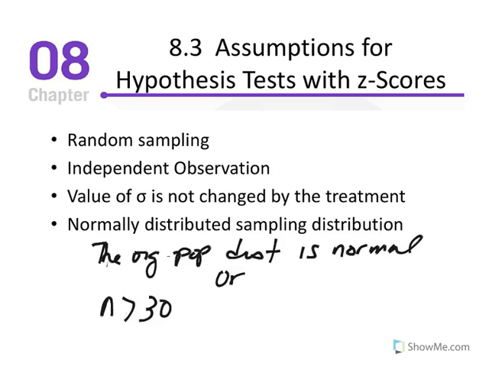So as long as we meet one of these two, we will produce a distribution of sample means that is normal, and consequently can utilize the concept of probability in the unit normal table to determine if a sample mean is unlikely or likely, so that we can draw our conclusions regarding the null hypothesis. In other words, do we reject the null, or do we fail to reject the null?